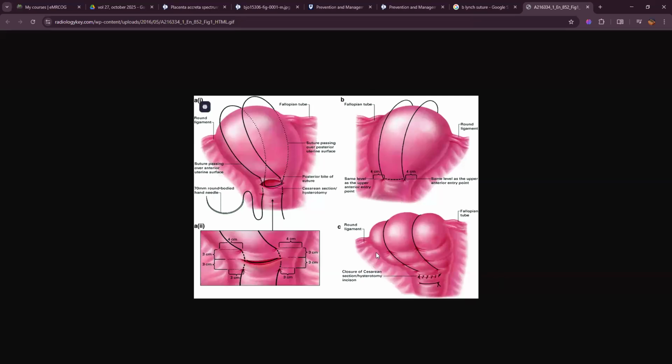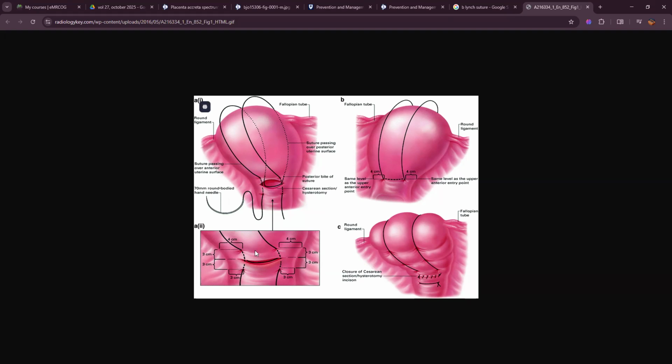The B-Lynch suture is you are going to insert your needle. It's a big one, okay? And Vicryl also, 3 centimeters approximately below the hysterotomy line. And then you are going to come up again from the other side of the uterus.